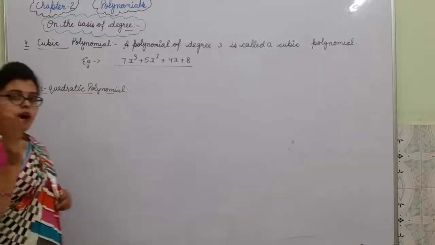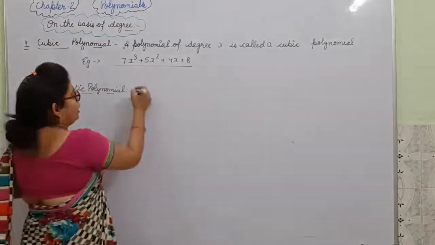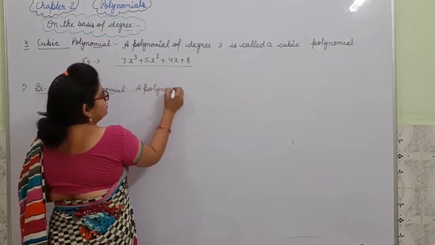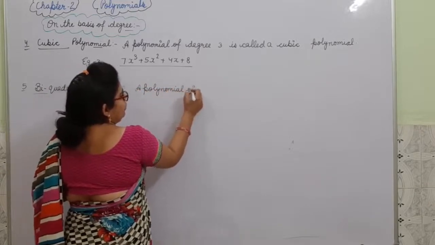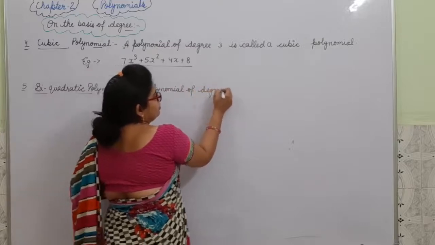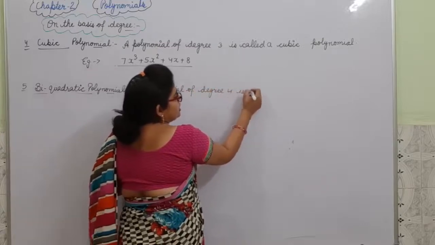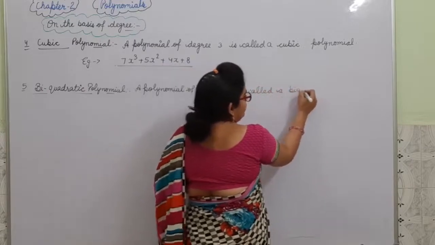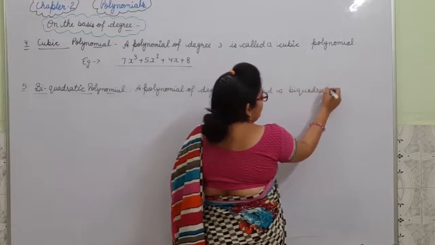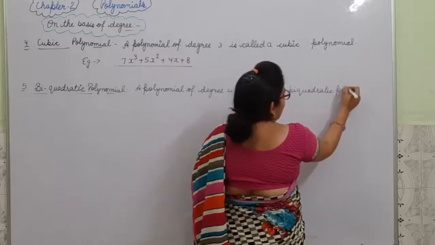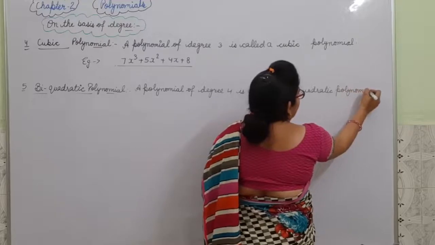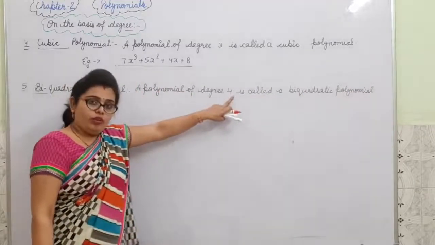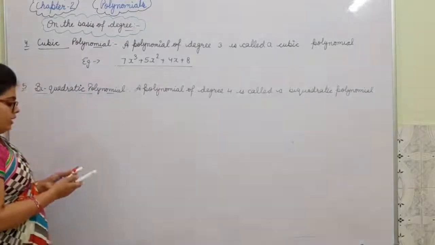Biquadratic means power 4. A polynomial of degree 4 is called a biquadratic polynomial. एक क्यूबिक पॉलिनोमियल जिसमें डिग्री 4 है, then it is called a biquadratic polynomial.